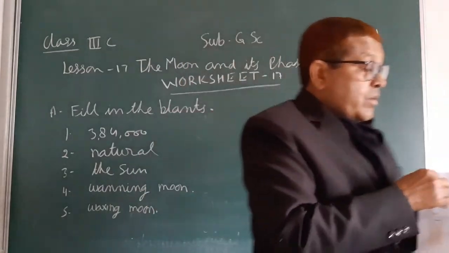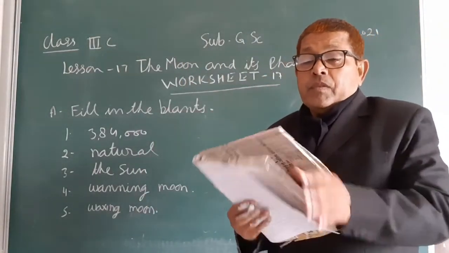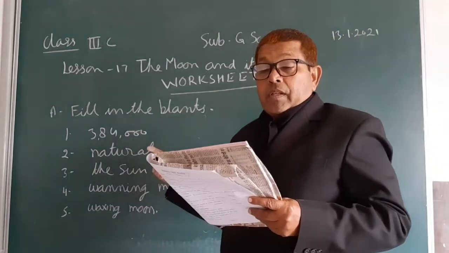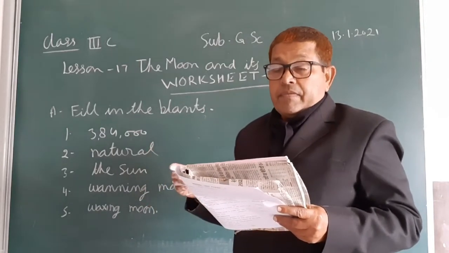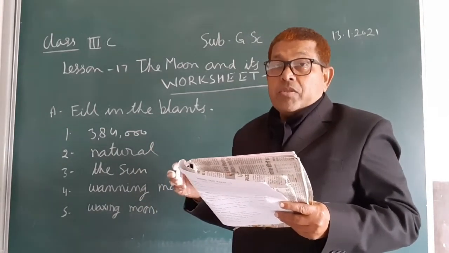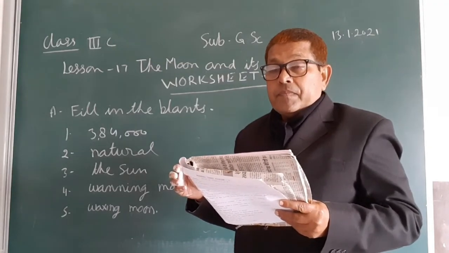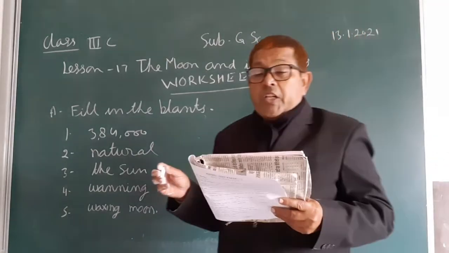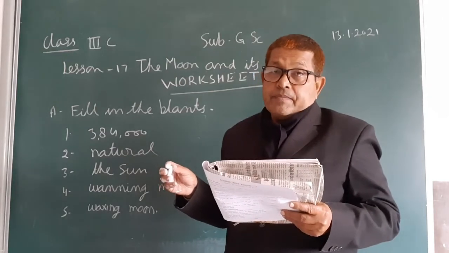So once again we can see, fill in the blanks. First, our moon is at a distance of about 384,000 kilometers from the earth.